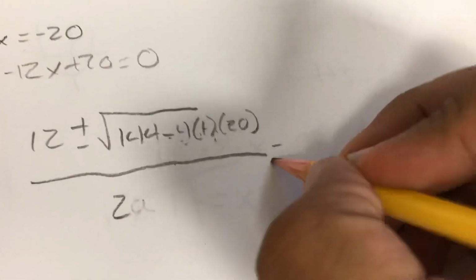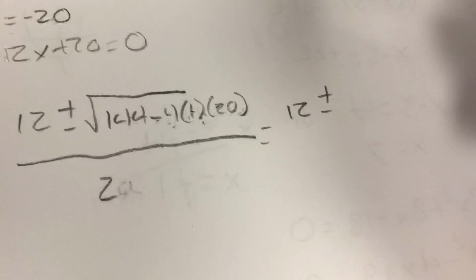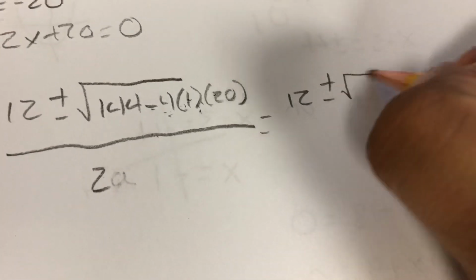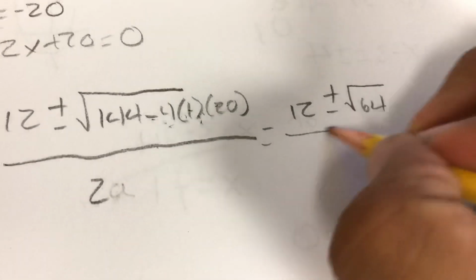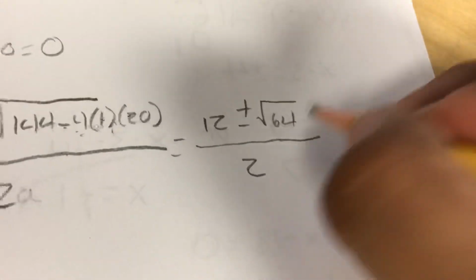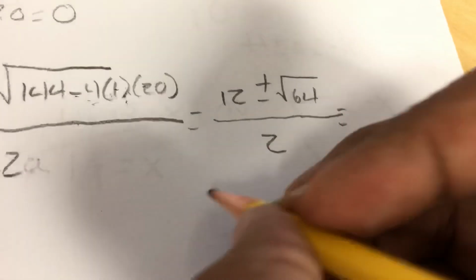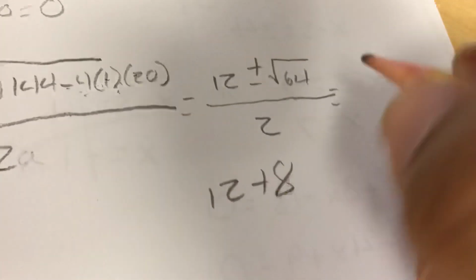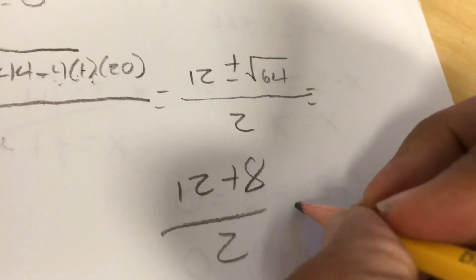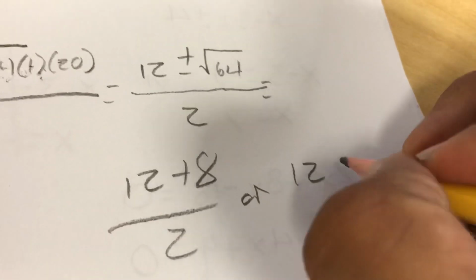So this is going to read like this. 12 plus or minus the square root of 64 divided by 2. Well, the square root of 64 is 8. So this has two answers. One of the answers is going to be 12 plus 8 divided by 2. And the other answer is going to be 12 minus 8 divided by 2.